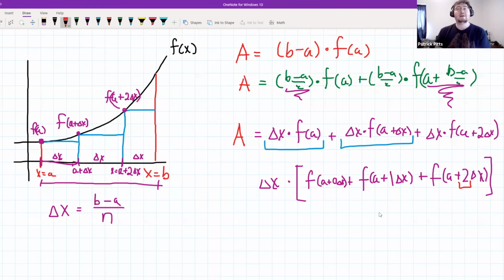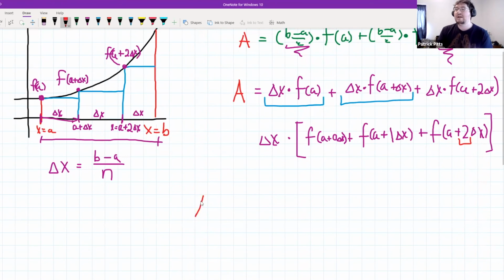With all of that in mind, we can come up with an even more concise summation notation. I can say that the area under the curve is equal to the sum of all values where I choose some number i, it starts at 0, and I will go through all whole numbers, 0, 1, 2, 3, up until n minus 1. And I will add the following terms for every single i.